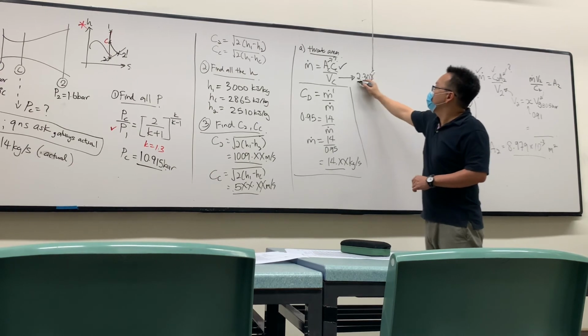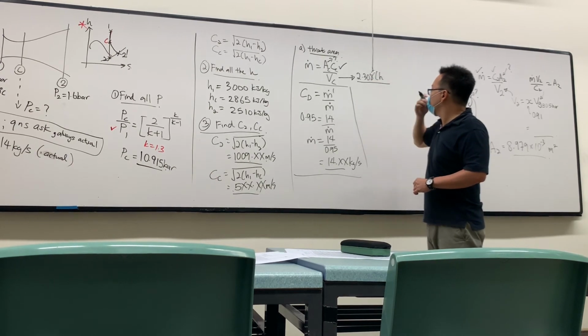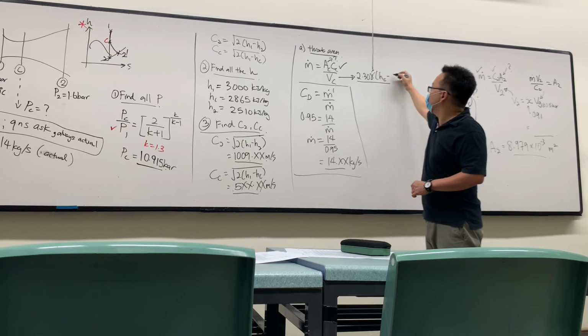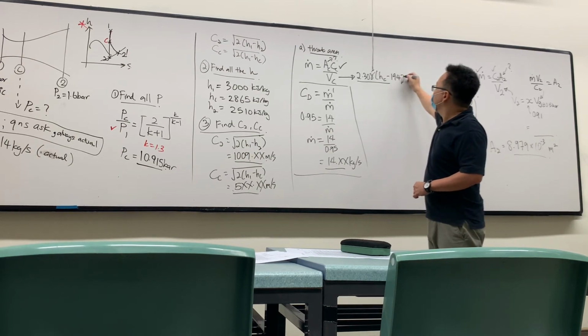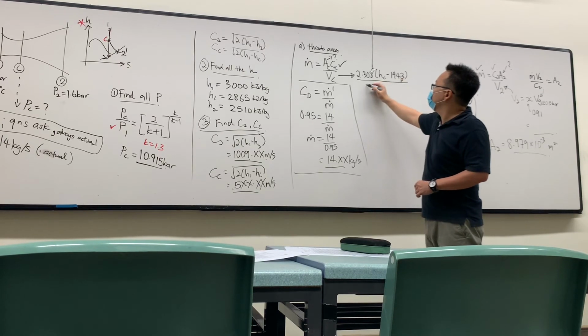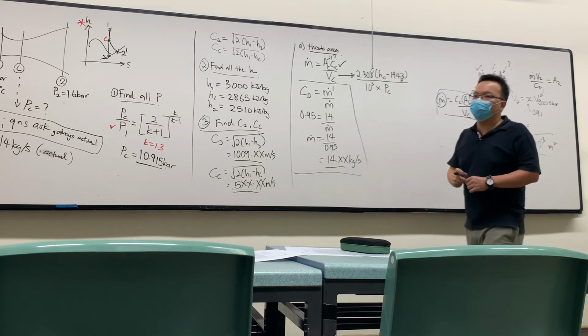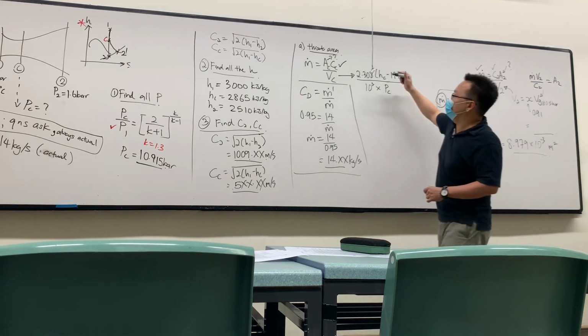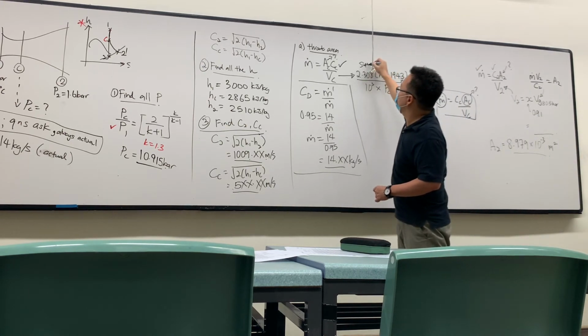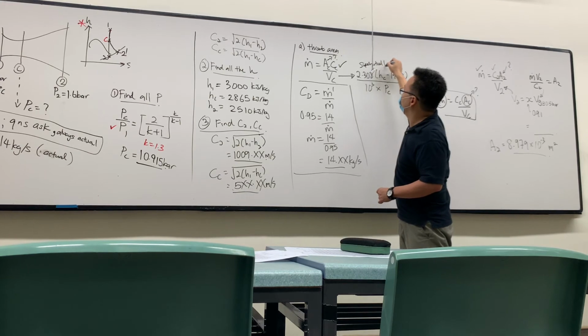HC minus 1948.43, divided by, times, square. You must check that it's superheated first. Superheated, so you can use this one.